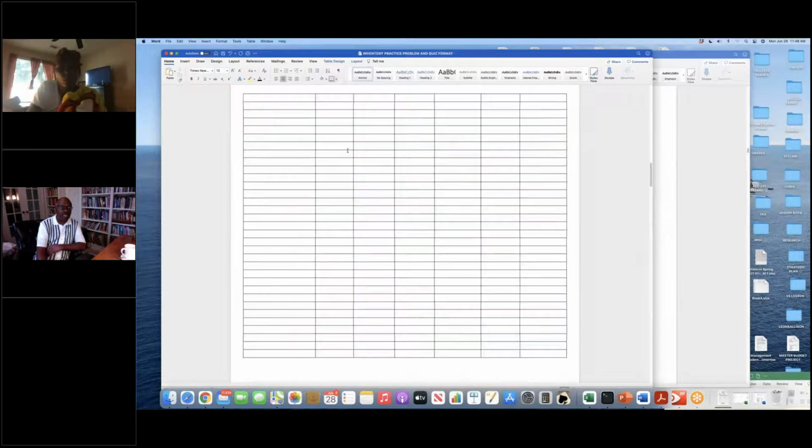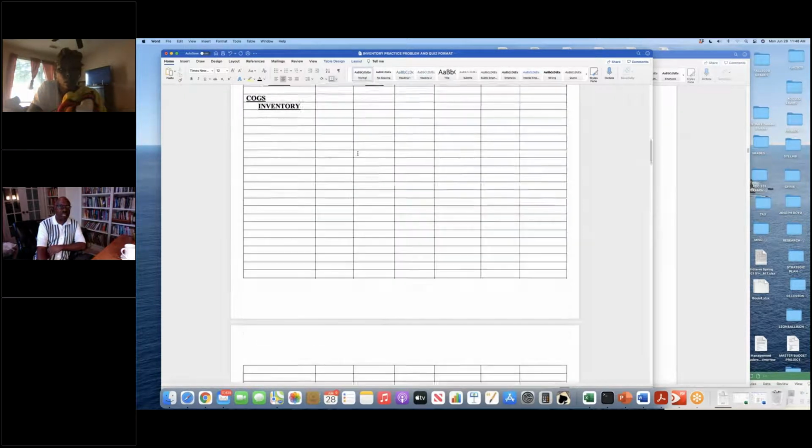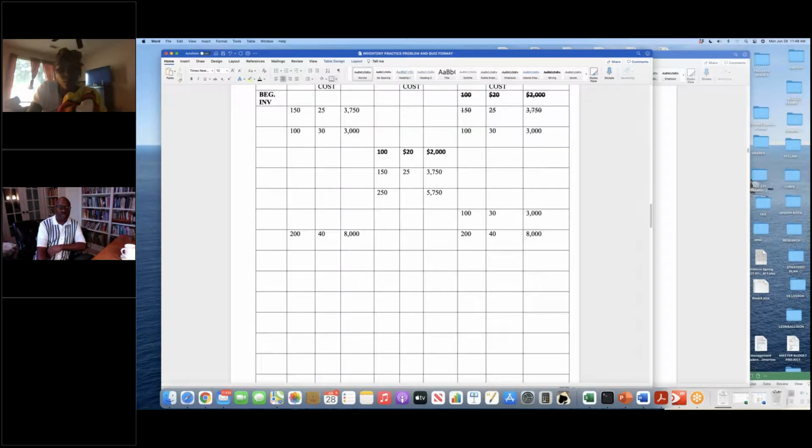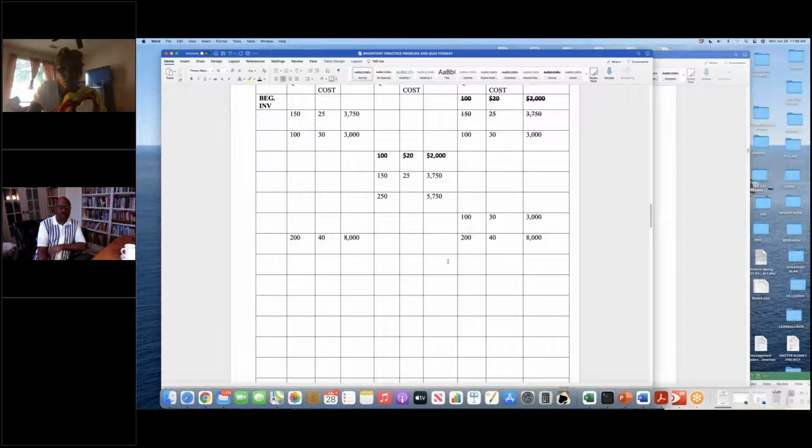Now we need to make that cost of goods sold entry here. It's 9,000. So how many did we sell? We sold 250. So I sold 100 at 30 for 3,000, and then I sold 150 at $40 for 6,000.